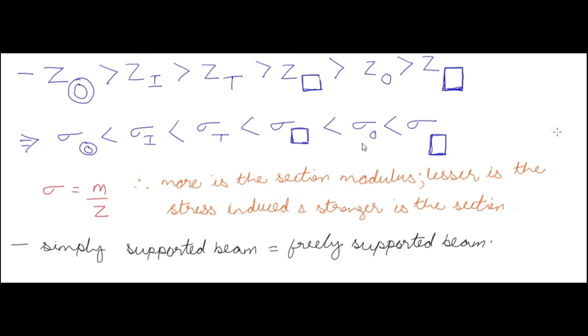So the more the section modulus, the lesser the stress induced, and the stronger the cross section. So if you have to choose which option will give the highest strength, you can choose between the cross sections.